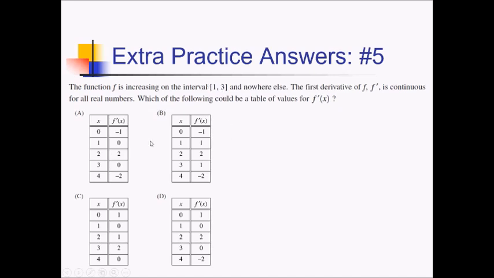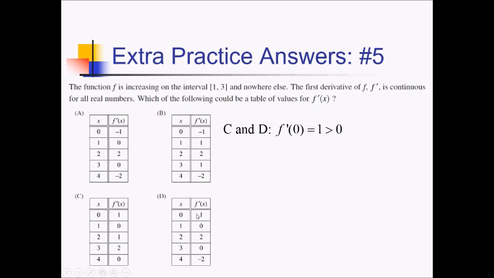So taking a look at our answer choices, a quick look at these tables. These are all tables of f prime now, so be careful with that. Looking down here at choices C and D, I notice that f prime of 0 in both cases equals 1. Now that's a problem because 1 is a positive number, which implies that our f function should be increasing somewhere between 0 and 1 here.